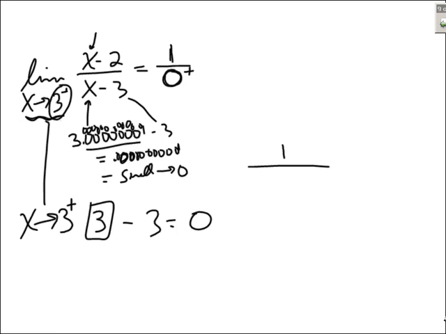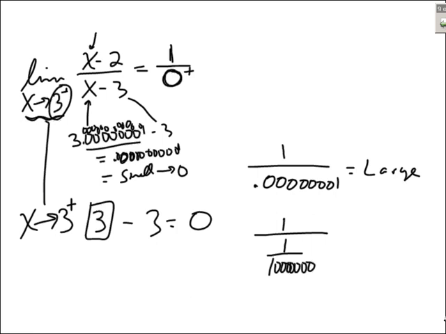You can do it one of two ways. You can think of the small number like this, or you can think of the small number like 1 over a million or a trillion. In either case, do the division. Take your calculator or what have you. Do the division. See that you're getting large.